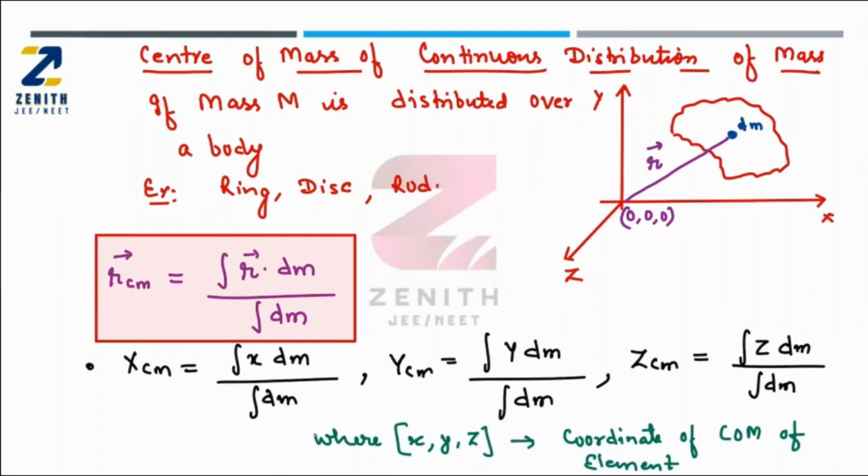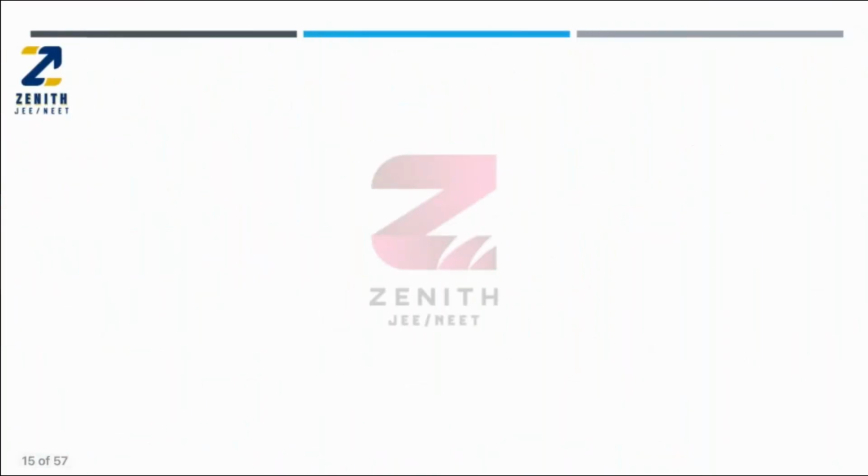That means the mass of the smallest element, which is defined in different ways. So dm is nothing but the mass of the element.